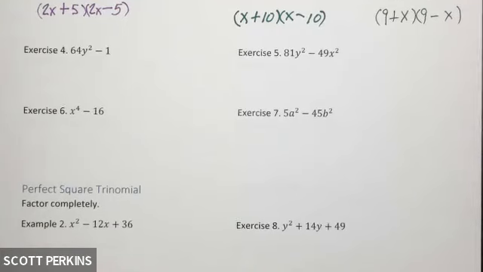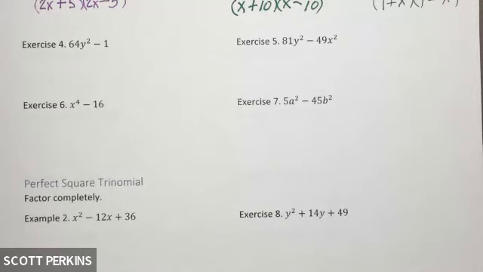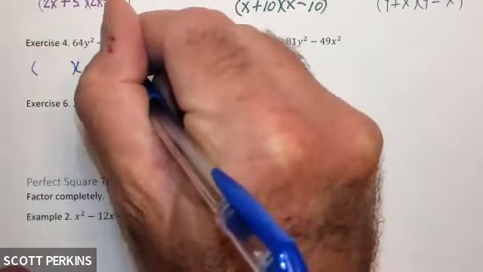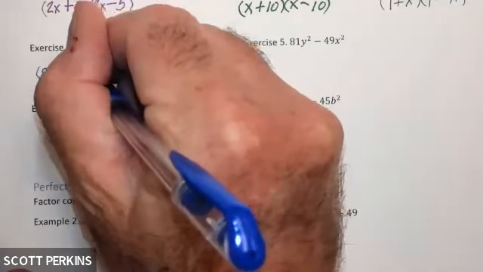All right, do exercise 4 for me, please. So as I'm writing my parentheses, what times itself gives me 64y squared? 8y and 8y.